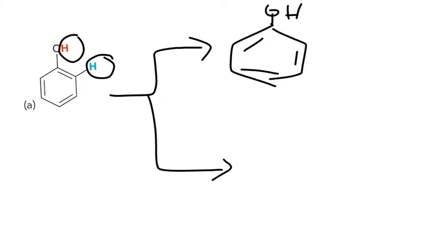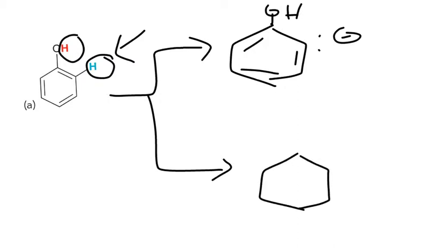If I remove this proton, I will have a pair of electrons here, negative charge. And then if I remove that OH proton, this is what the conjugate base looks like. That's negative. Put my double bonds in there. So what you're comparing here is how stable the conjugate base would be for either one of these.